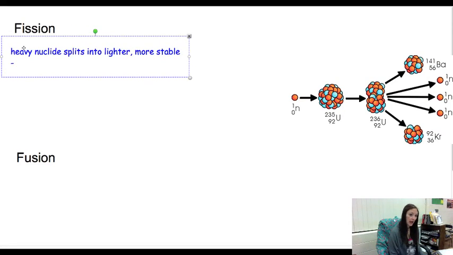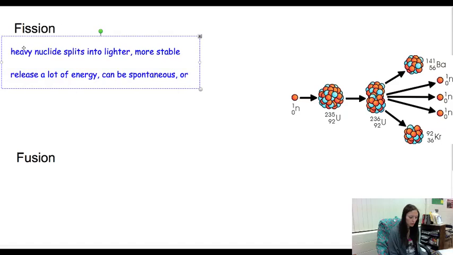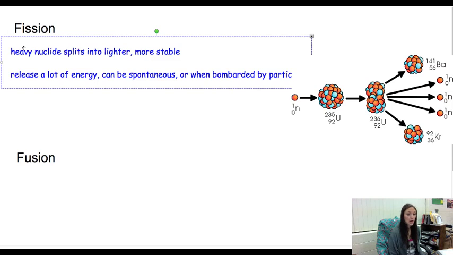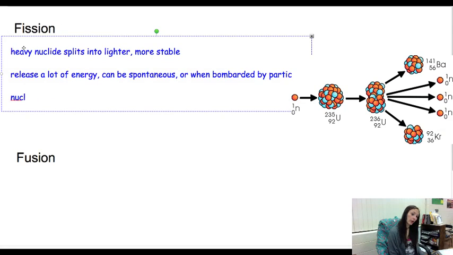When this happens, you release a lot of energy. It can be spontaneous fission, or it can happen when it's bombarded by particles. These are the ones we look at when we're looking at nuclear energy. That's fission. Nuclear power plants, that's fission.